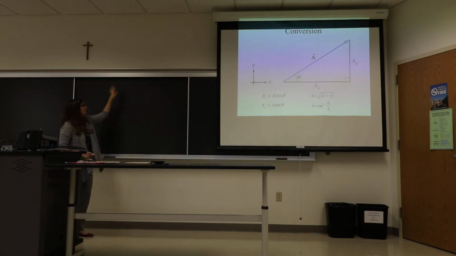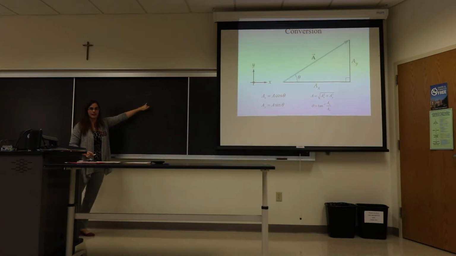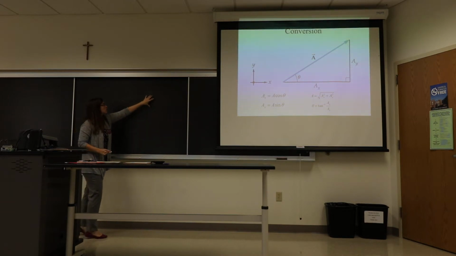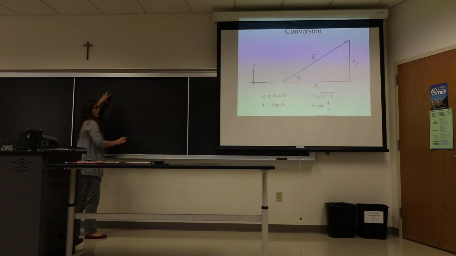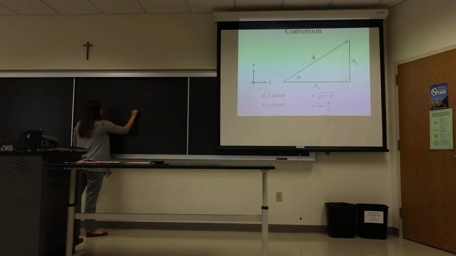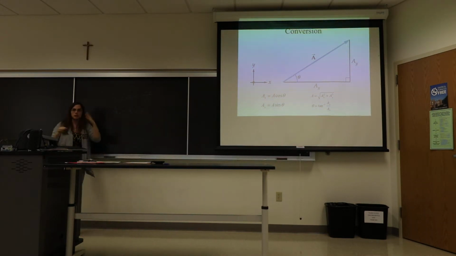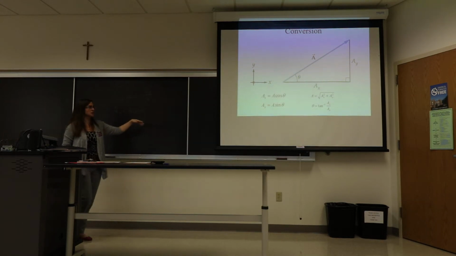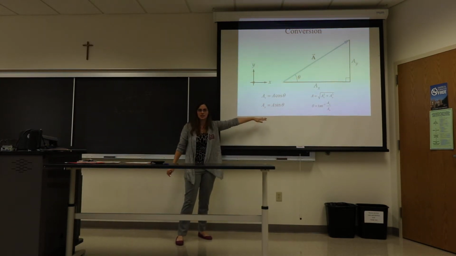So this you could solve for if you know theta and you know what a is. You could figure out what ax is. You just multiply by a on both sides. And so then you get this expression there. So you get ax is equal to a times cosine of theta. You can do a similar little exercise on your own to convince yourself that the y component looks like this.